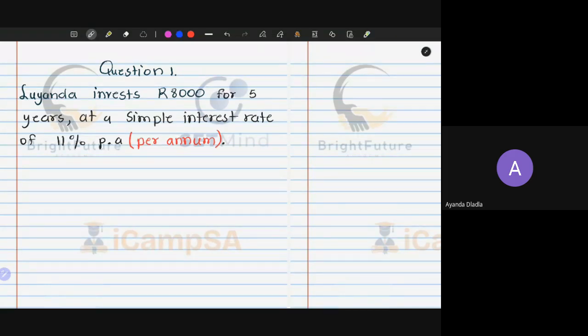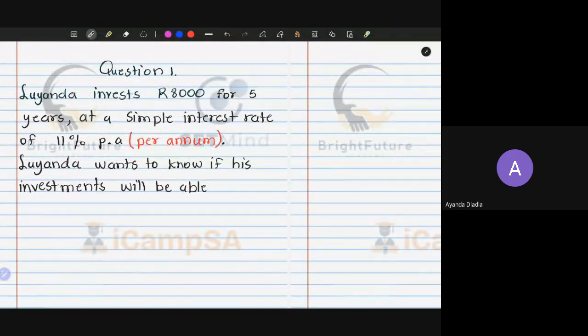Now Luyanda wants to know, because he wants to buy an iPhone after a couple of years, if his investment will be able to buy him an iPhone.